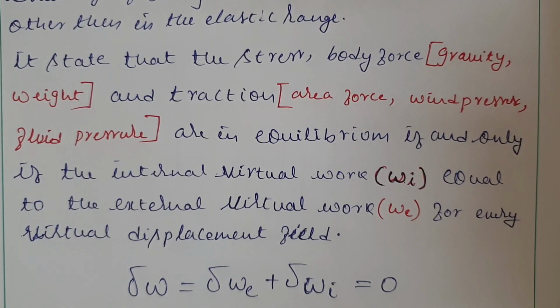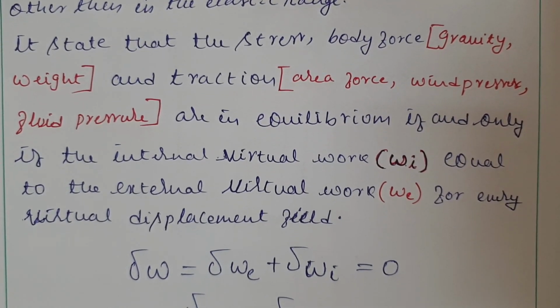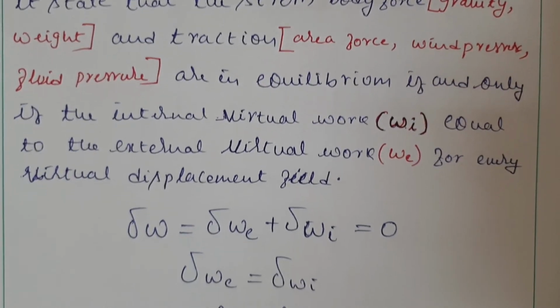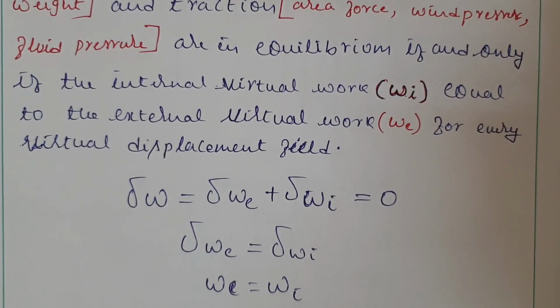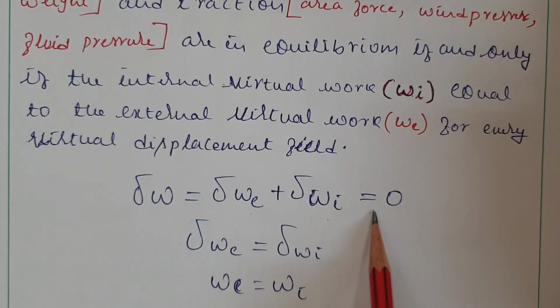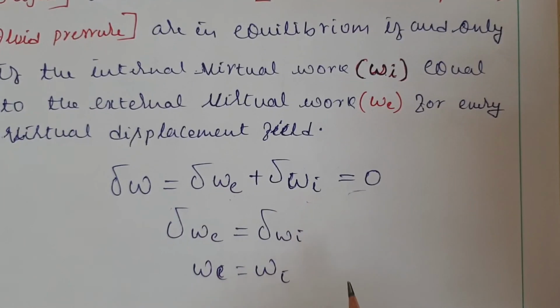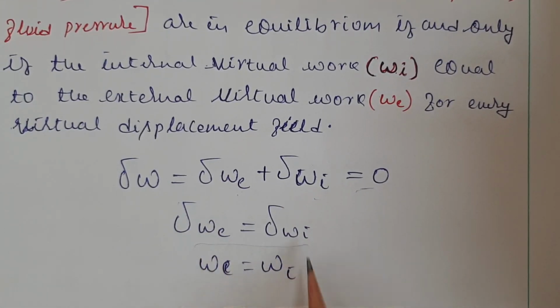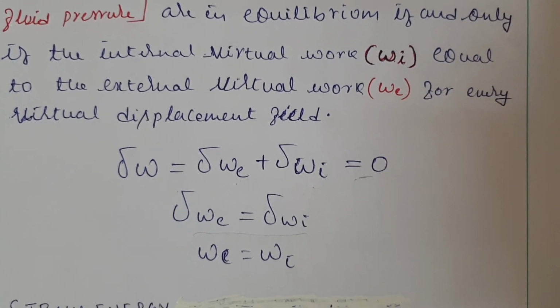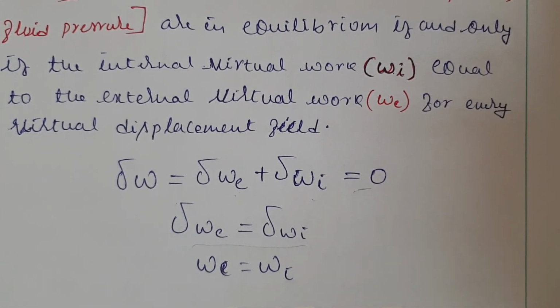Here, as I told, internal virtual work will be equal to external virtual work, and total work will be equal to internal work plus external work. Here, total work equals internal as well as external virtual work, and we are considering it as 0, so we can directly say that internal work will be equal to external work. That's the basic concept of the energy principle.